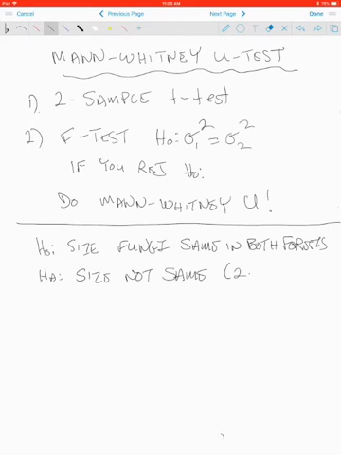So this is clearly a two-sided test. We really would like to have done a two-sided two-sample t-test. But I've gone through the motions of testing the assumptions, and I violate the assumptions. I can't find a transformation. So instead I'm going to do a Mann-Whitney U test.